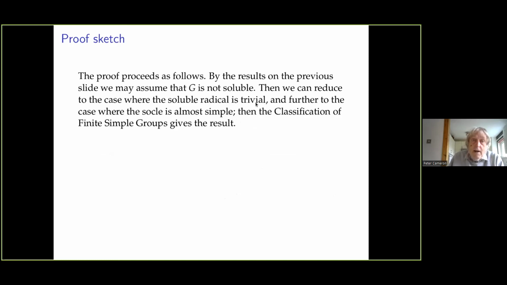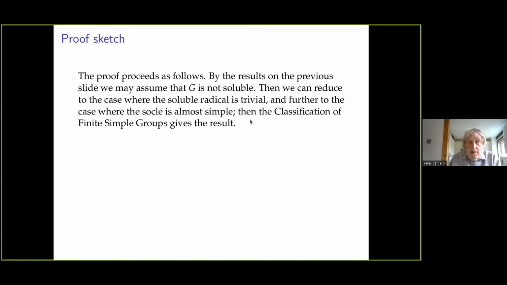What I'm saying is that if you can show that there are only finitely many groups with trivial soluble radical satisfying our condition, then there are only finitely many groups altogether. And then you can further reduce that to the case where the socle is almost simple, and then you can invoke the classification of finite simple groups, and it's not a terribly long search through the list of finite simple groups to find the result.